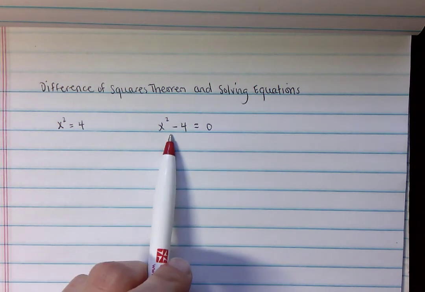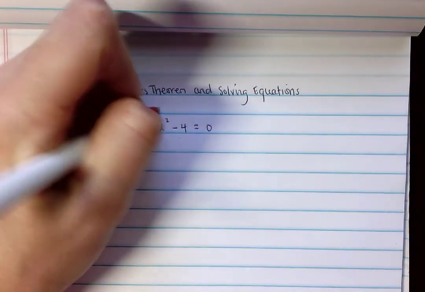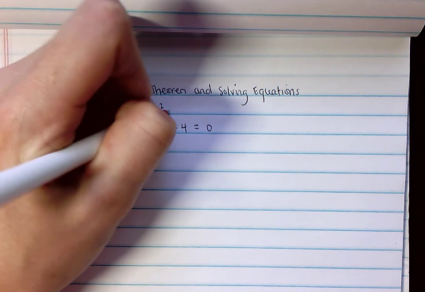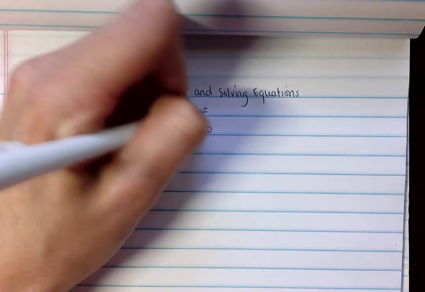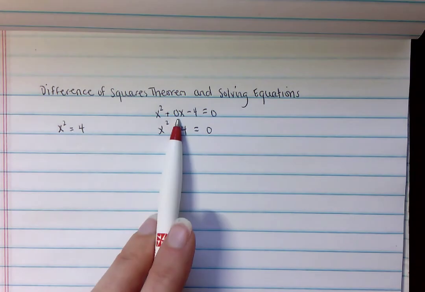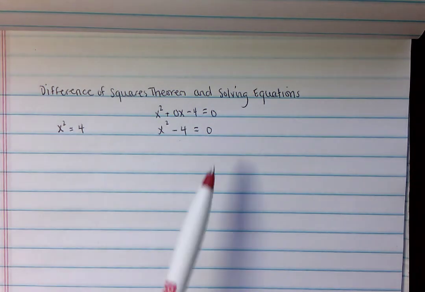Notice there's no middle number here. Normally we have a term with just an x, and we don't have one here, which means there's a 0. You could rewrite this as x squared plus 0x minus 4 equals 0, using that previous method of factoring.